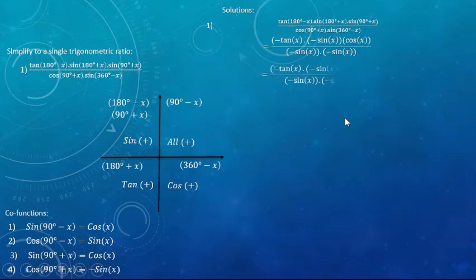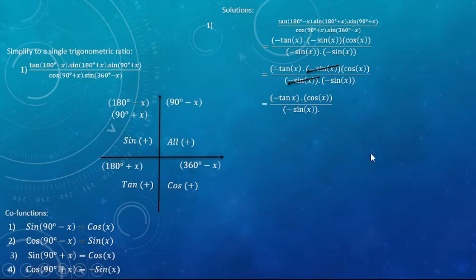And then we need to simplify it. The way in which we simplify it, as we can see, is that we have sine x here and sine x here, and they are both negative, so they cancel out. Sine x will cancel out with negative sine x, and what we will be left with is negative tangent x cosine x, these two, and for our denominator we will be left with negative sine x.